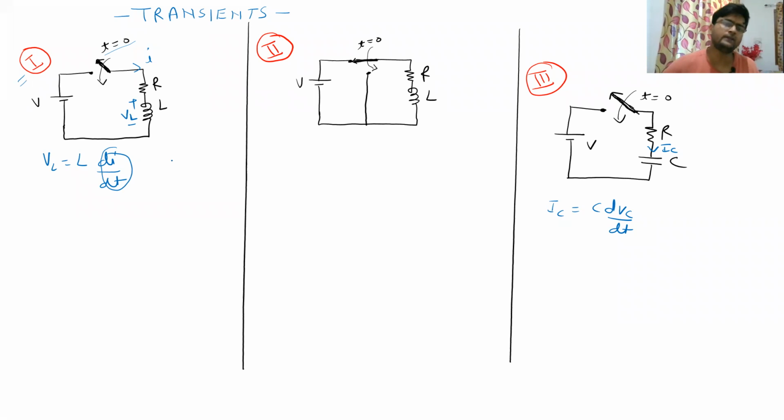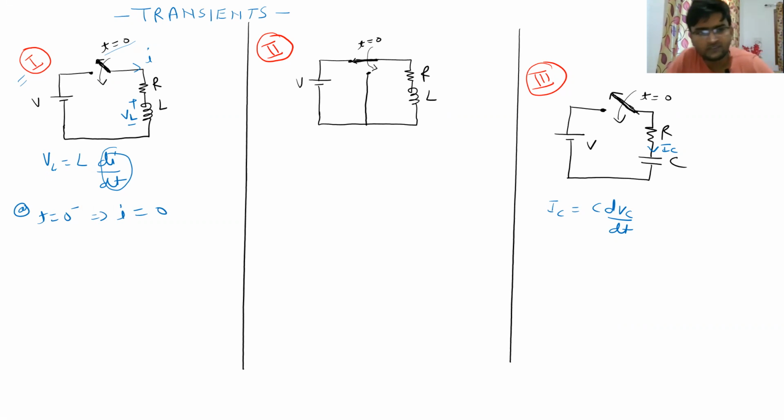So here in this case, if you see exactly at time t equal to 0 minus, just before the switch was closed, what was the current flowing in this circuit? Definitely, let me write it this way: at t equal to 0 minus, our current I was 0.